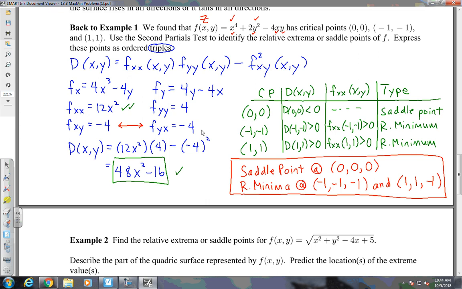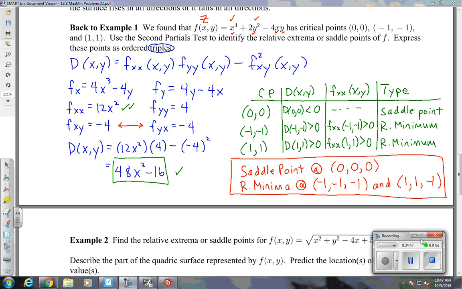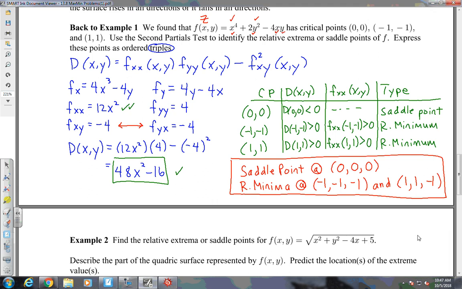Okay, so again, relate it to what you know from Calculus 1. It sure is helpful for learning this new test. So can you imagine the possible shape of that surface? We have minima at 1, 1, negative 1 and negative 1, negative 1, and a saddle point in the middle. So what would happen there is kind of a cross section here. You'd have a minimum at 2 of those points in one direction.